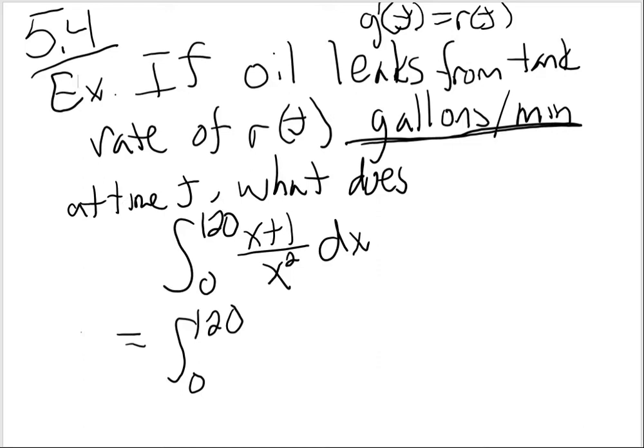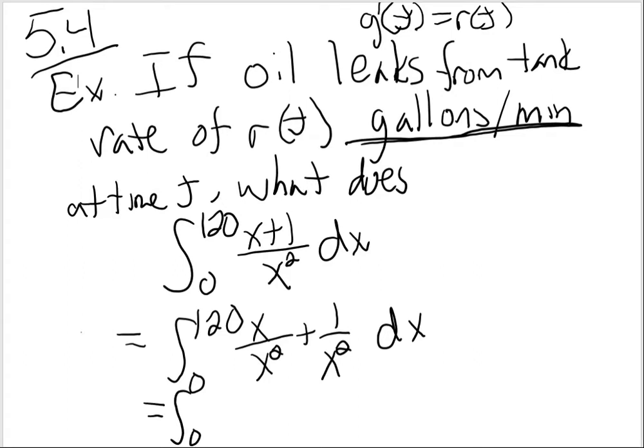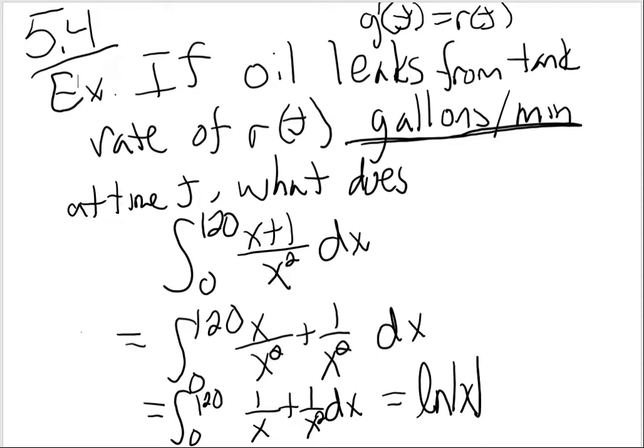Okay, so you could rewrite this, split up the fraction into x over x squared plus 1 over x squared dx, or 0 to 120, 1 over x plus 1 over x squared. This thing is going to be the natural log of the absolute value of x, and then plus what? Minus 1 over x.